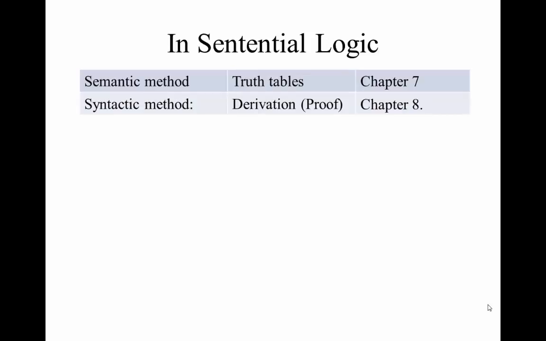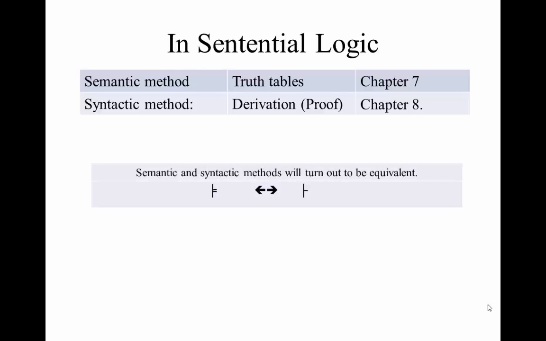In sentential logic, the logical system we are currently developing, the semantic method was truth tables. We went over those in Chapter 7 of the current version of the text. The syntactic method will be derivation, or proof, and this is what we are going over in Chapter 8. As it turns out, the semantic and syntactic methods will be equivalent.